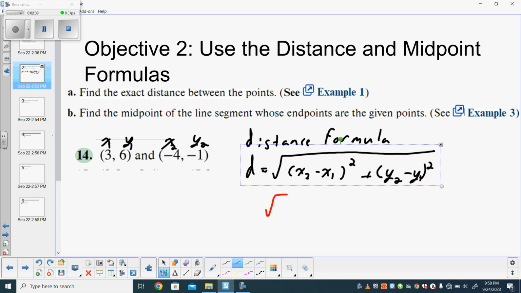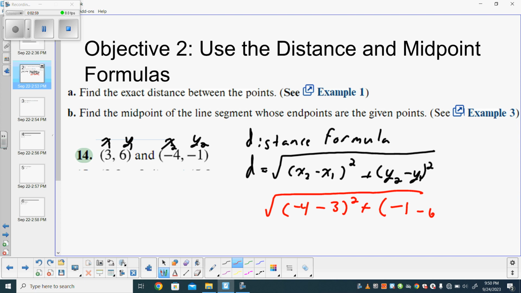This will just be the square root of -4 minus 3 squared plus -1 minus 6 squared.